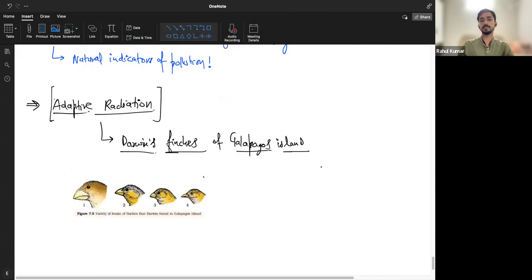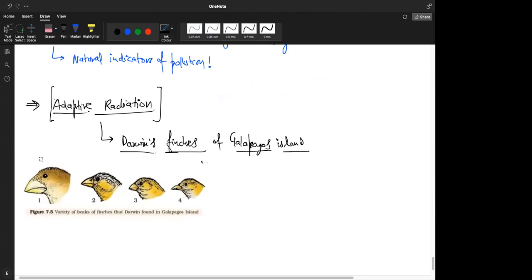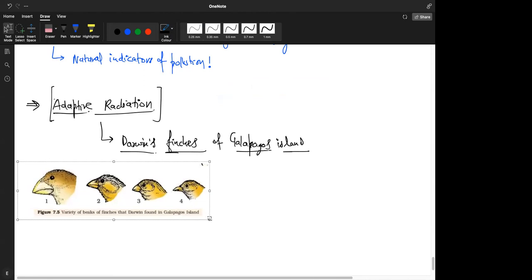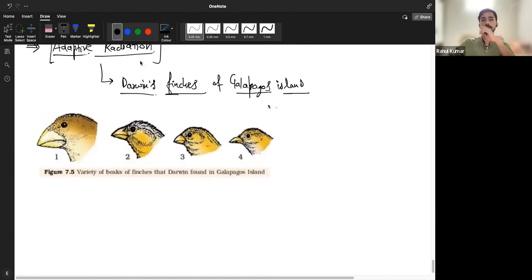Yes, can you all see this image that I'm inserting? Everyone, can you see this? Let me make it a little bigger. So see here, you observe that they are all finches, but if you see their beak, this finch has a very broad beak, also very long, and in breadth it's very, very wide.